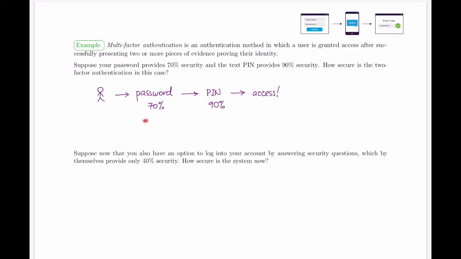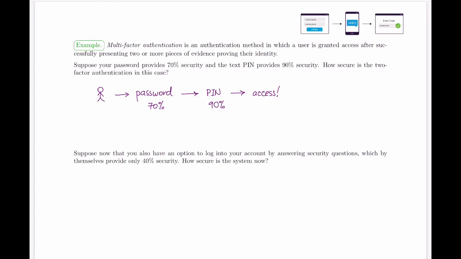This is just an example of a layered defense architecture. What we're going to do is think about what a hacker has to do in order to gain access here. The only way to gain access in this way is to hack both the password and the PIN code. So what are the chances of that happening?